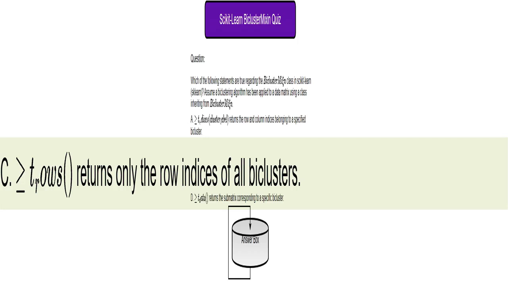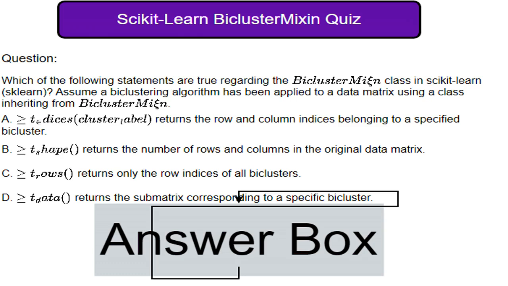This is a good candidate. Let's check if it aligns with the actual functionality of BiclusterMixin. Great, now that we've explored each option, it's time to select the correct ones based on our understanding of BiclusterMixin. Remember, careful review of the documentation is key.